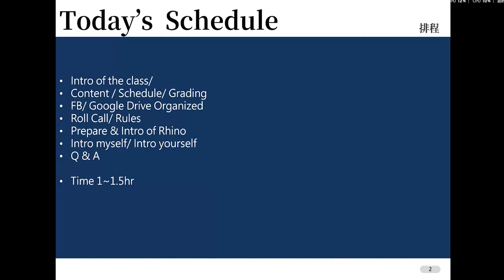So here is the schedule for today. I will start with the introduction of the class, then tell you what kind of content, our schedule, and how you will be graded. Third, we have a Facebook teaching group in order to help you and also announce the latest information of the class. Please make sure you join this one. And there are some rules for this class, please remember that.